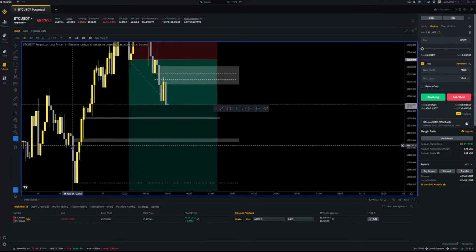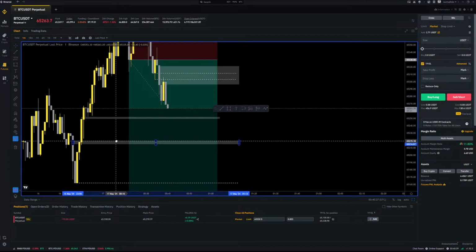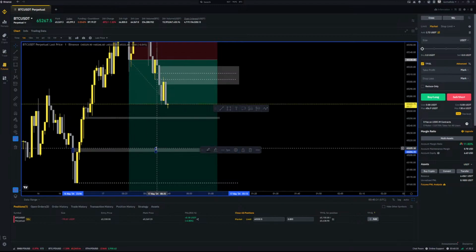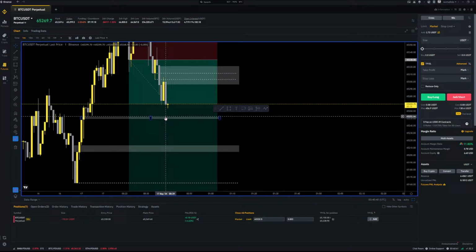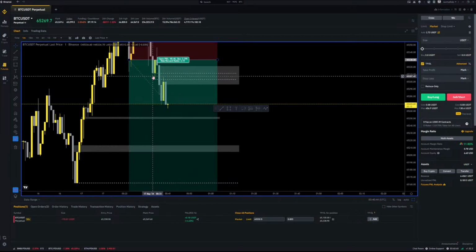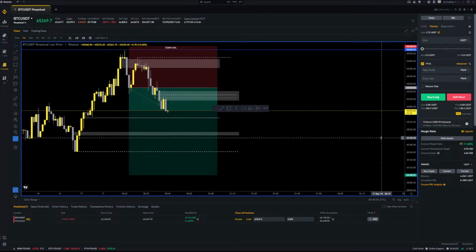But there's another one, this one, another one, this one, which is a lot. But I'll mark the obvious one, which looks like this one. That's beautiful. So price reaching here, we do a little bit of juggle, I guess. Thank you for this order block being respected. That's beautiful, beautiful, beautiful.